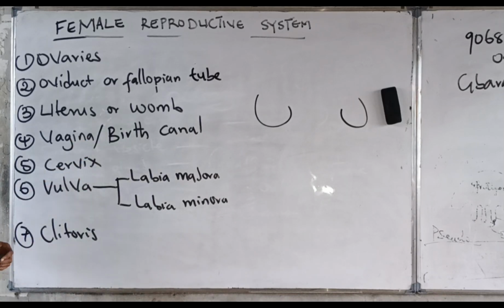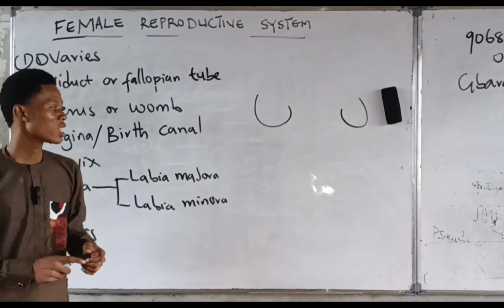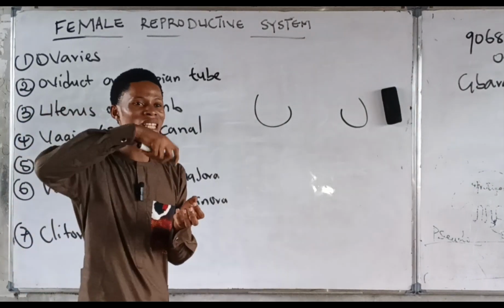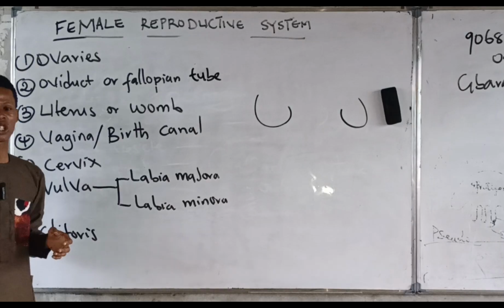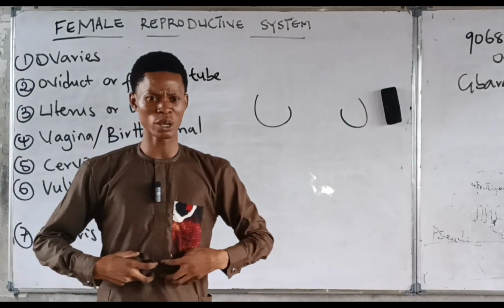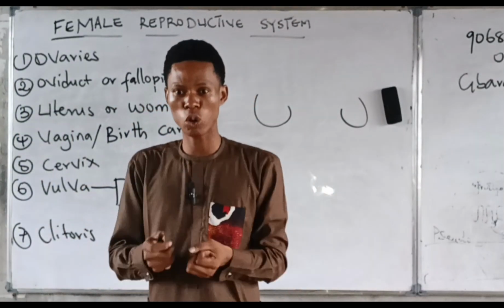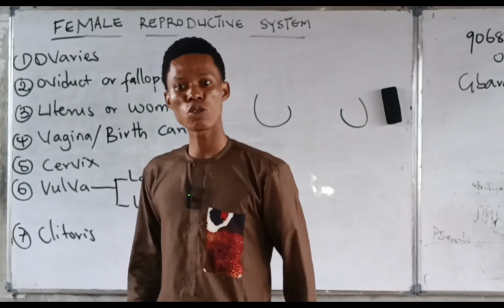Now the cervix. We said the cervix is a what? A ring-like muscle that controls the opening and closing of the vagina. Now look at this: you are pregnant and nothing is closing it. You're just walking on the road one day.